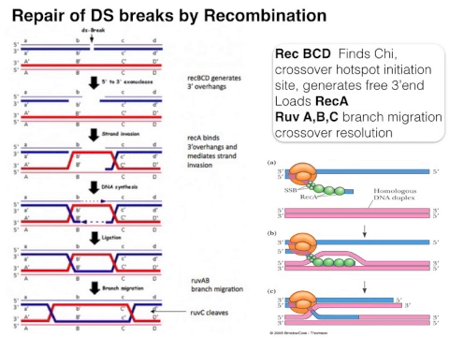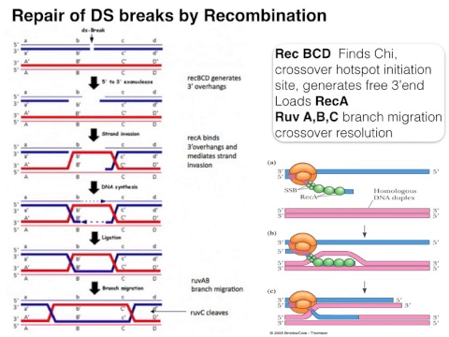The first thing that we have to do is we have to identify the double-strand break, and this happens through the action of RecBCD. Now, RecBCD is a complex that includes helicase functionality and also endonuclease functionality. RecBCD generates a 3' overhang and coats it with RecA, and begins to invade the double-stranded DNA of its homolog.